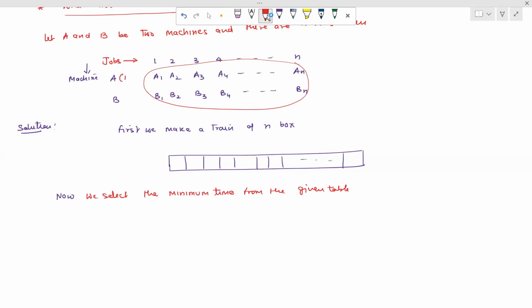So this we can represent by AI. This we can represent by BI. So AI and BI.